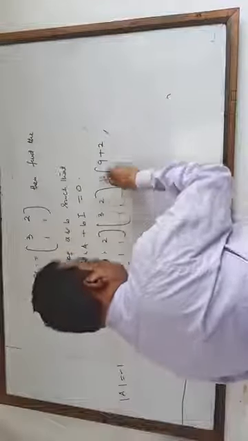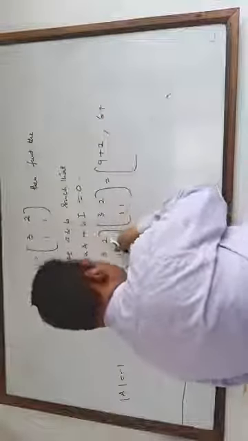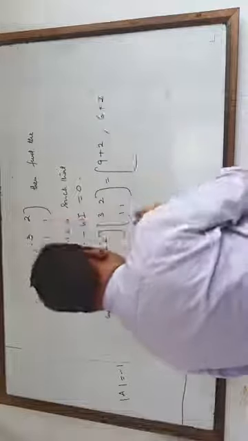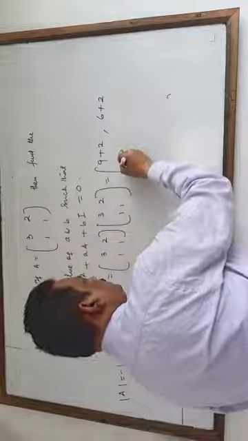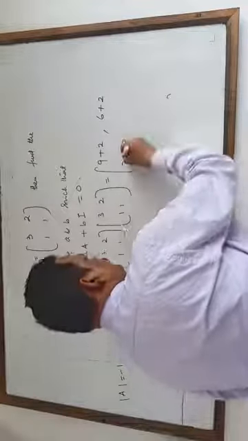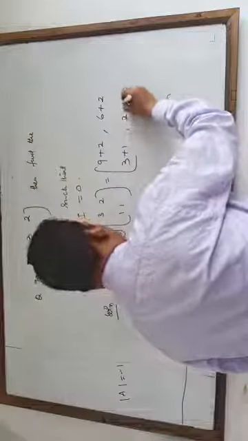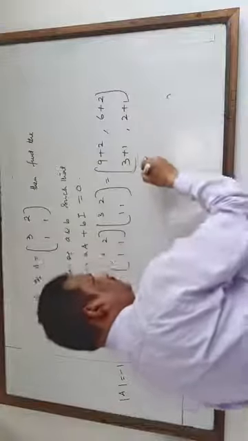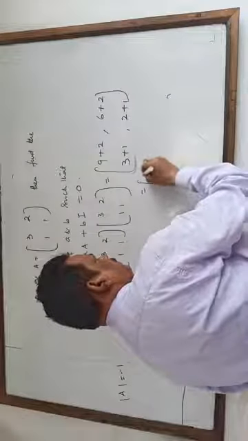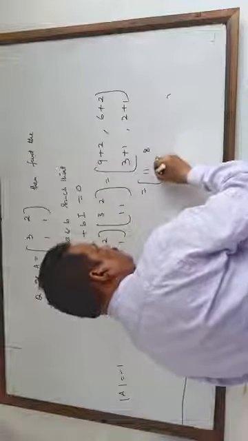Then 3 2 is 6 plus 2 1 is 2. Then 1 3 is 3, 1 1 is 1. Then 1 2 is 2 plus 1. So that gives you 11 8 4 3.